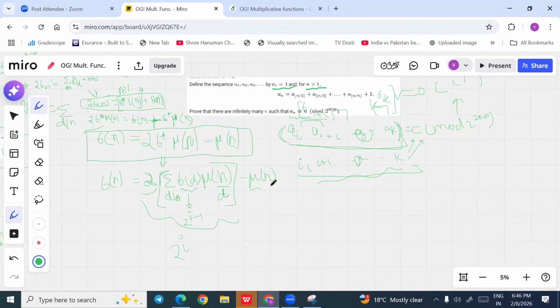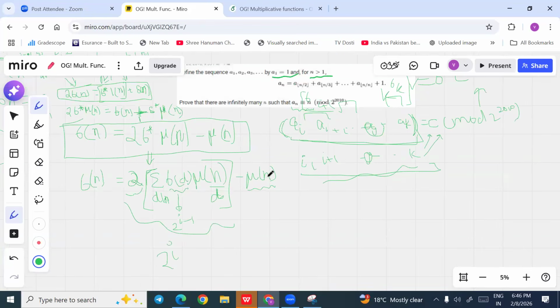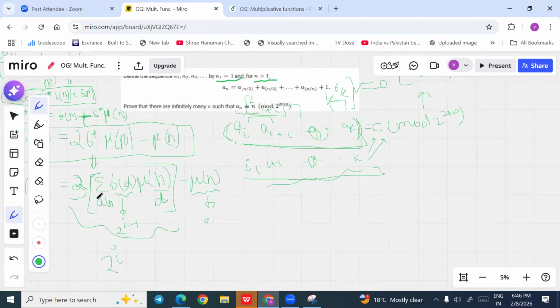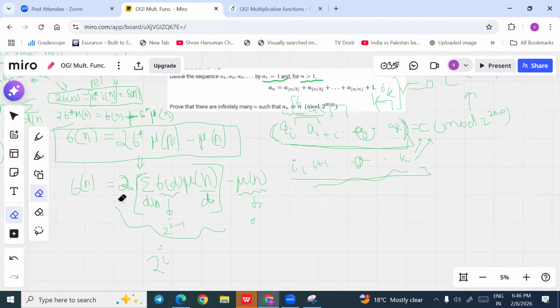And over here you have Mobius of n, right? So you can just choose n to be a non-square-free number, and you can get this to be 0. Then you don't have to worry about this, and you'll get b divisible by 2 to the i. This motivates the inductive idea.